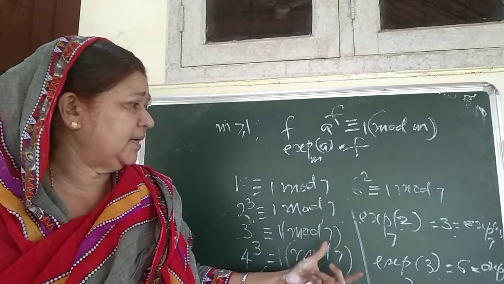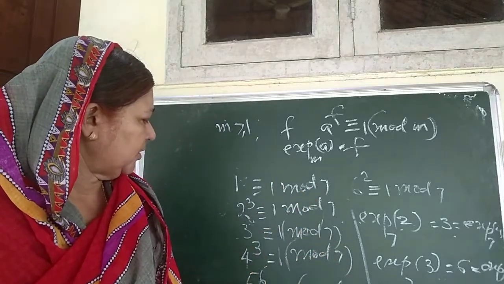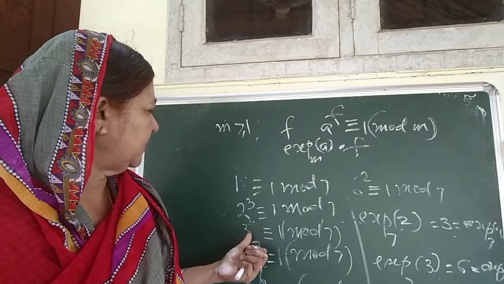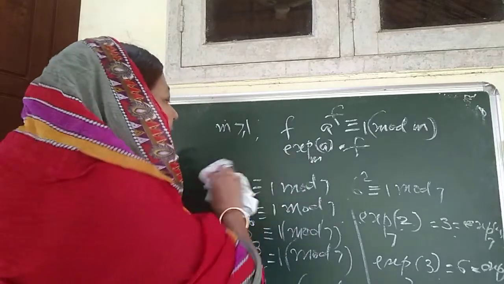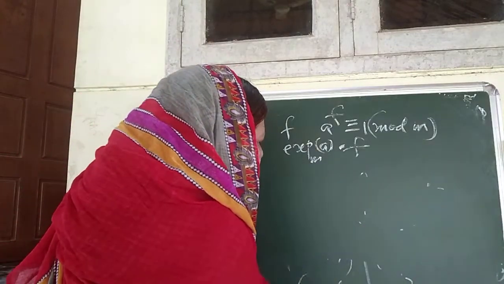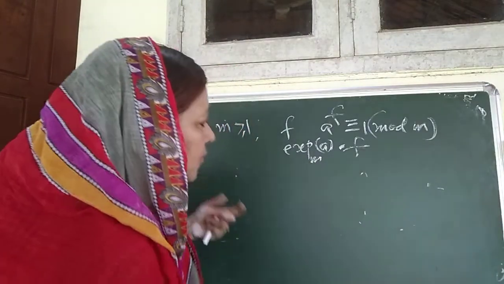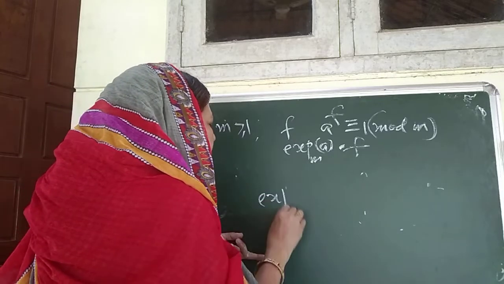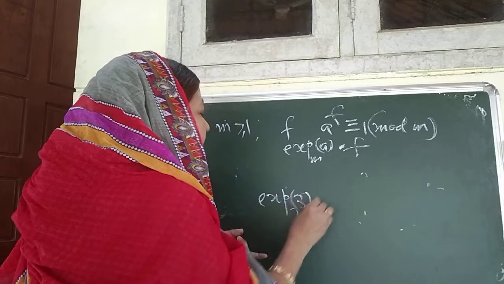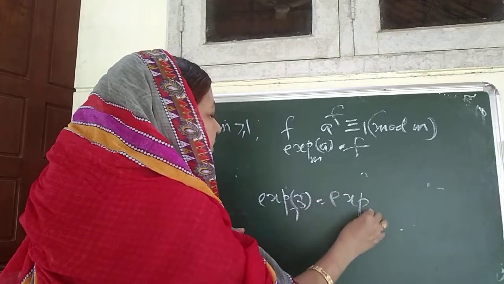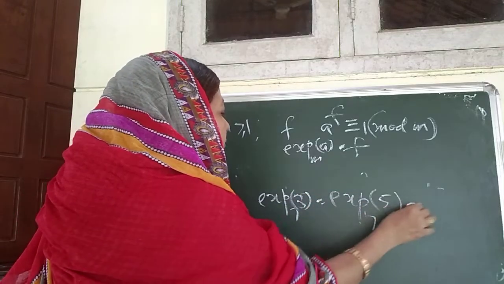But in this example, we see that exponent 7 of 3 is equal to exponent 7 of 5, equal to 6.